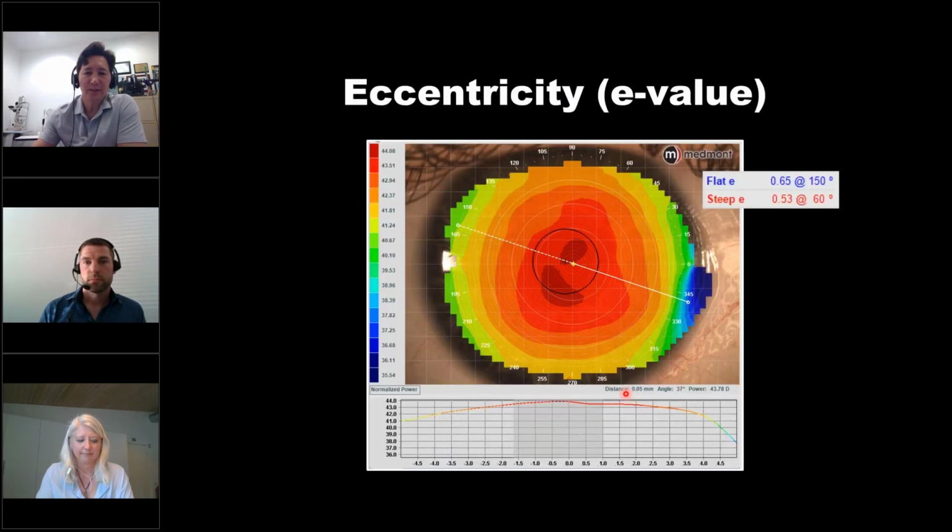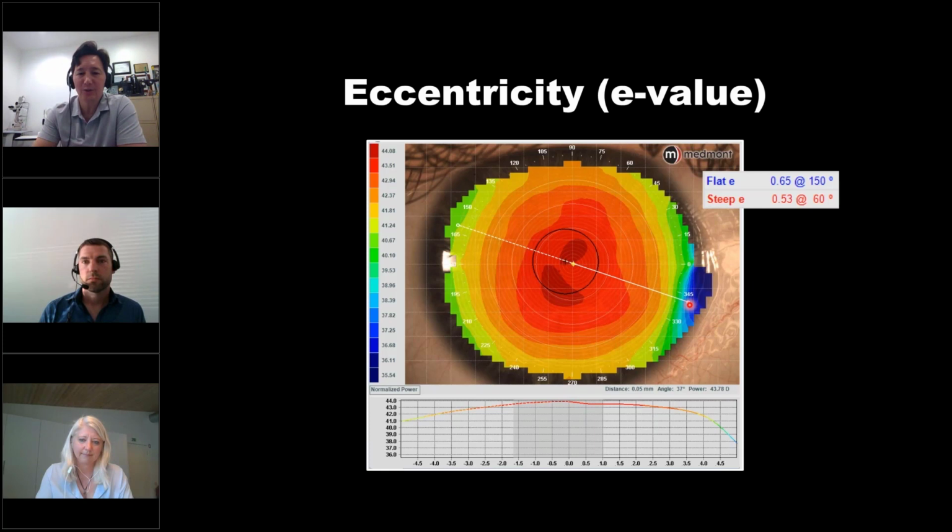Now, eccentricity describes how the eye will change from the center here or here, and how it flattens as you go toward the periphery. So as we move our point of measure from center to periphery, of course, we know the cornea flattens at a fairly significant rate, and that rate is determined by the eccentricity value.